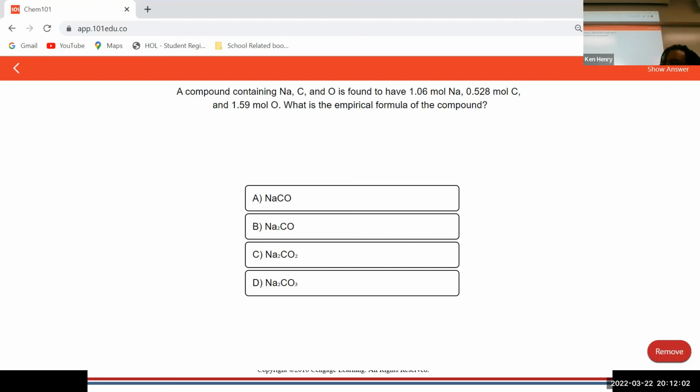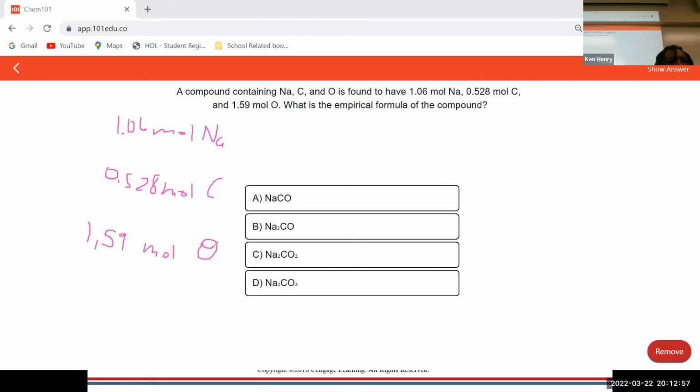So we have 1.06 moles of sodium, and then I have 0.528 moles of carbon, and then I have 1.59 moles of oxygen. Okay.